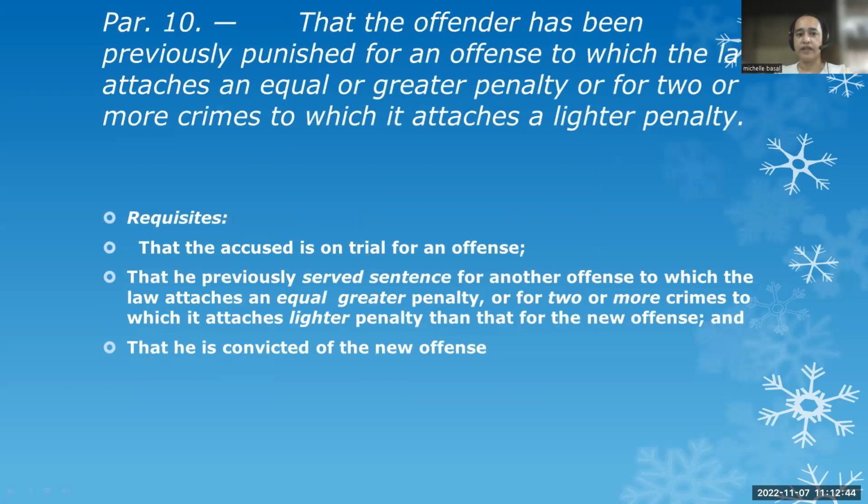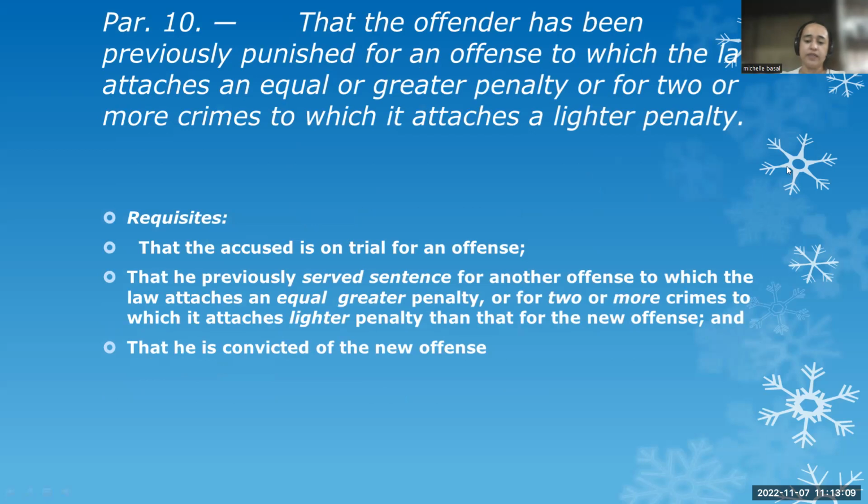Paragraph 10, that the offender has been previously punished for an offense to which the law attaches an equal or greater penalty, or for two or more crimes to which it attaches a lighter penalty. So this one naman, it doesn't necessarily have to be embraced in the same title. So anywhere in the revised penal code. So this is reiteration.